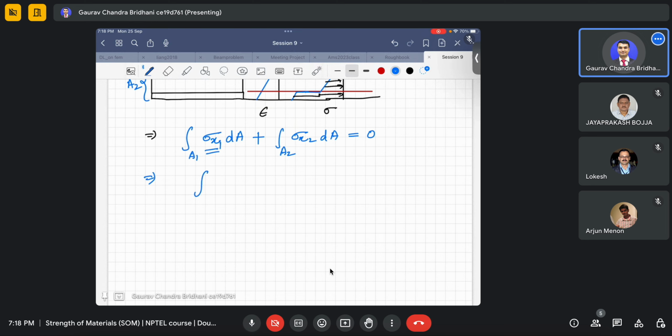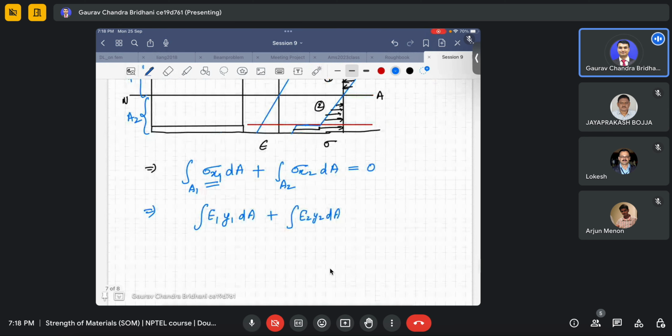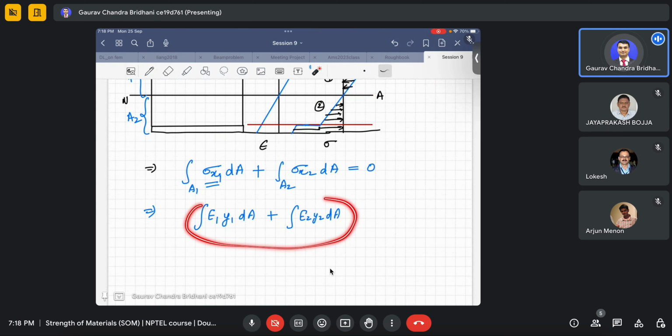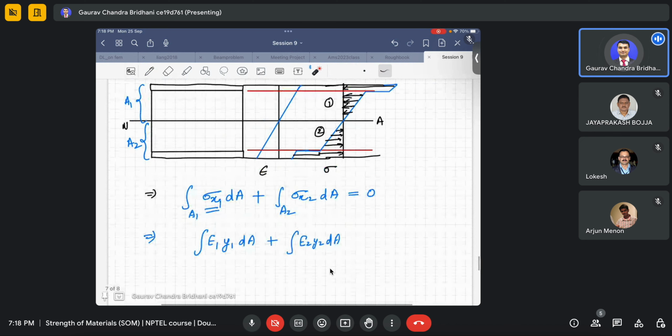It becomes integral E1 y1 dA plus integral E2 y2 dA. Although, as I told you, I am writing it in a very general sense, because I am not going into that detail, we have to solve further.